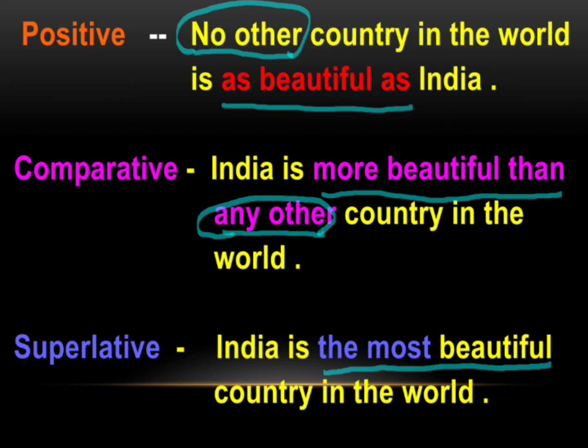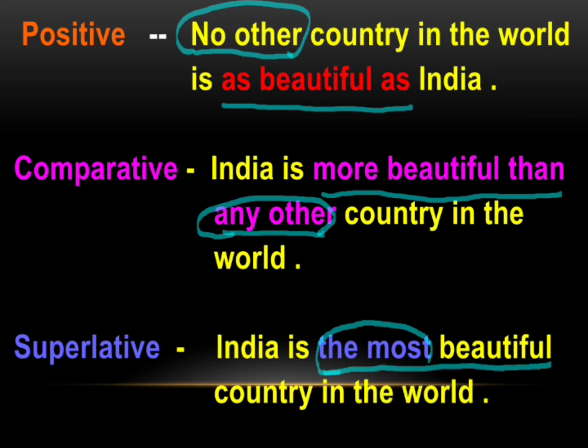So India is the most beautiful country in the world. So this, the most plus adjective, should be followed in the superlative degree. So in the positive degree, if it is no other, in the comparative degree we will have any other, and in the superlative it will be the most or the adjective EST form.